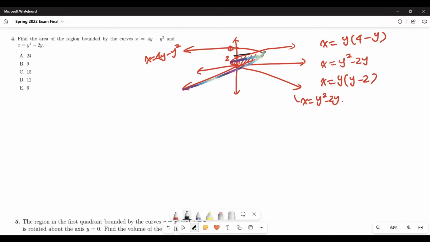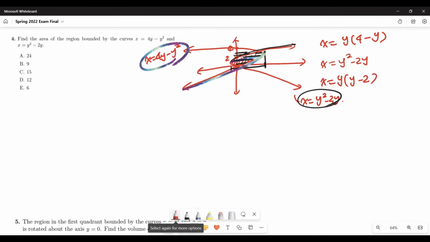Because we want to find the slice in between here, like these slices, right? And this slice is basically from the bigger radius, which is 4y minus y squared, and the smaller one, which is y squared minus 2y.